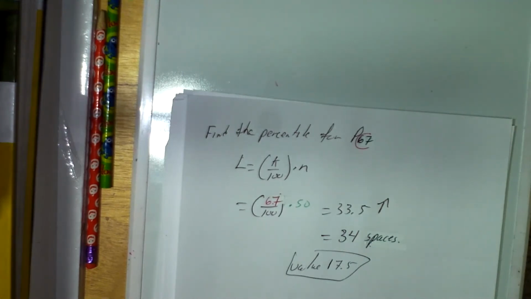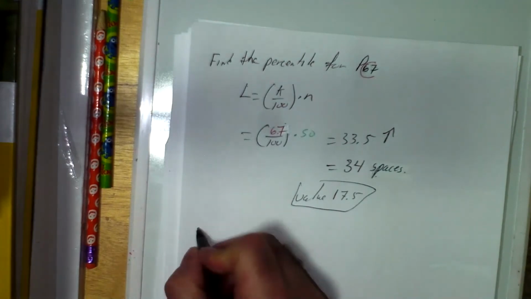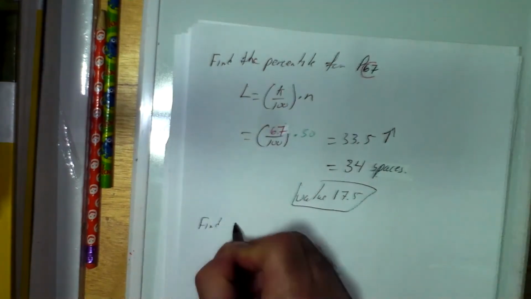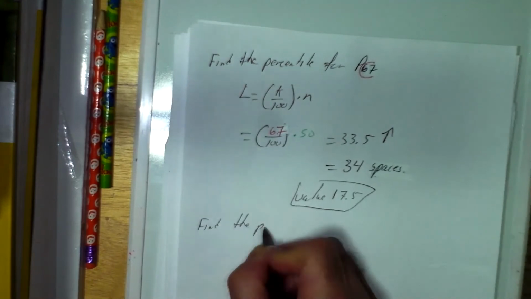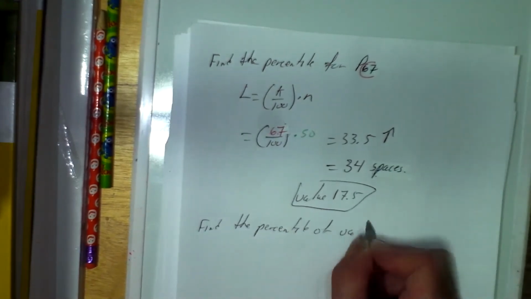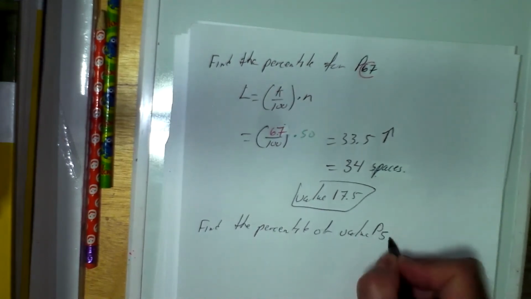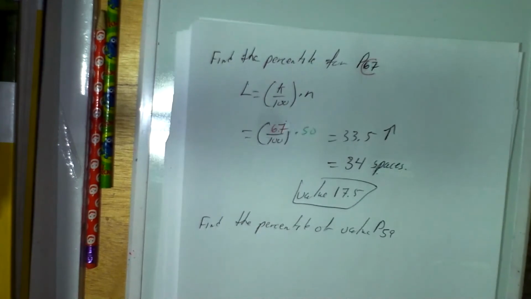Let's do P 50 something. No, I'll fix it. We'll do P. Let's find the percentile of value 50, P59. All right, P59.